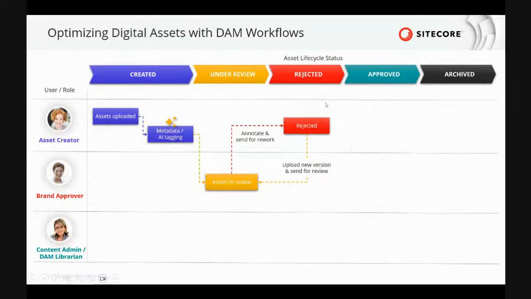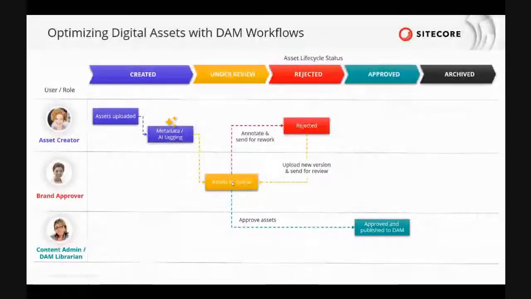But once the assets are again in review and the brand approver decides that these are looking good, they can then approve the assets, and then they're sent and published to the DAM. So this is where an asset that has been until now in progress state has now become approved and is available in the DAM.